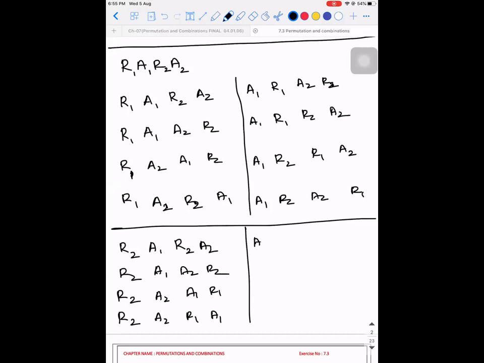Then what will get fixed? A2. So all the letters are supposed to occupy the first place. Then A1, R1, R2, R1, A1, R2, R2, A1. These are all the possibilities that are there.